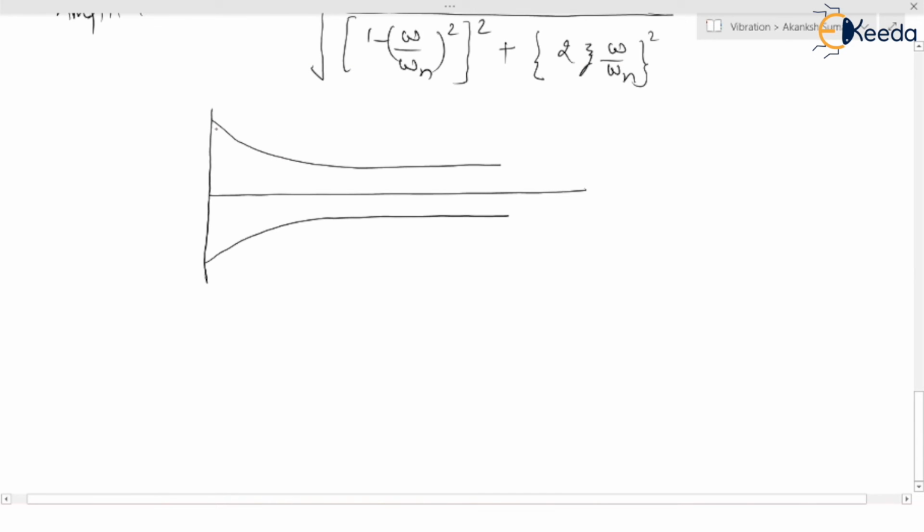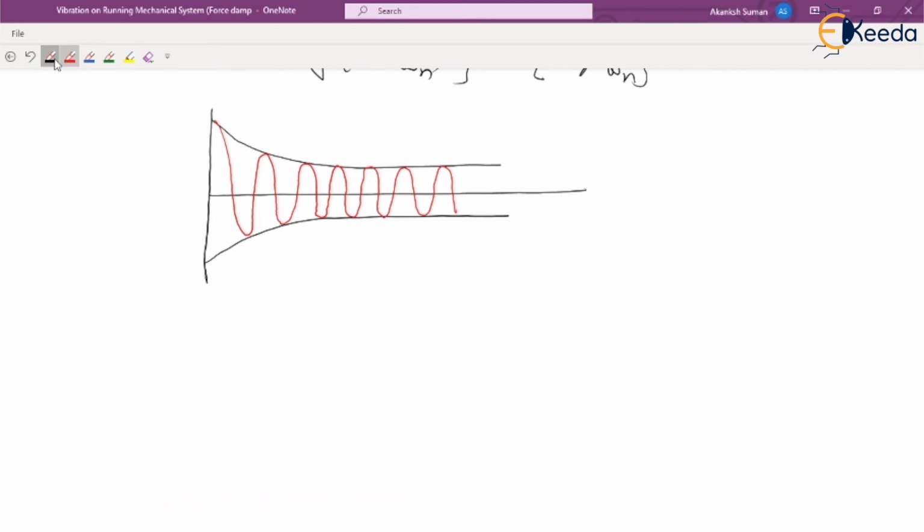This is the complementary function. This is the vibration. You can see after some time it becomes constant, but it is not zero. Like that, vibrations occur.